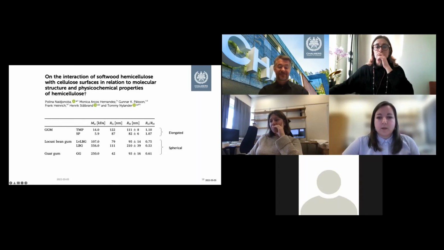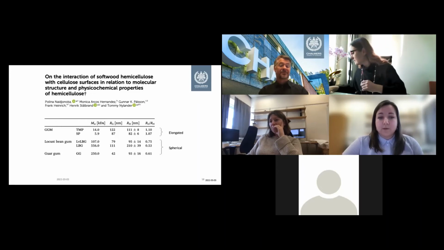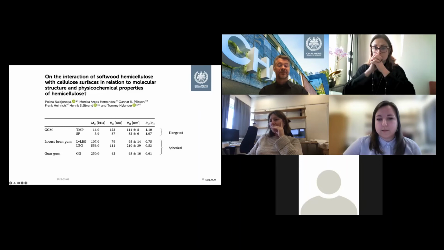We measured both dynamic light scattering and static light scattering in order to find out what the size of the particles in solution is and also get an indication of the shape. What we found out was that galactoglucomannans have an elongated shape in solution as compared to galactomannans, and this could be explained by the fact that galactoglucomannans actually have side groups which make the backbone much stiffer as compared to galactomannans.